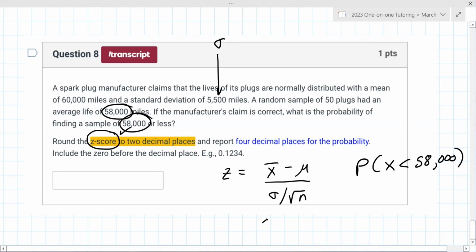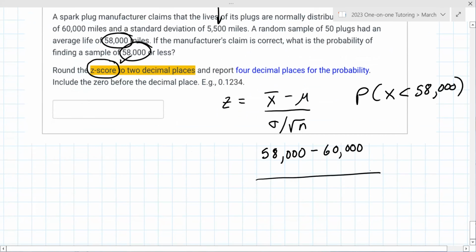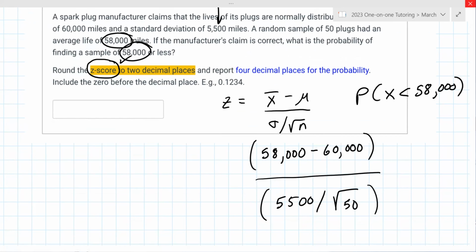So that's 58,000 minus 60,000 over 5,500 divided by the square root of 50. It says to round your Z-score to 2 decimal places. You have to follow these instructions, even though you could do it in a way where you don't do that. That's what they want. And then we can use the table to get that result here. So 58,000.